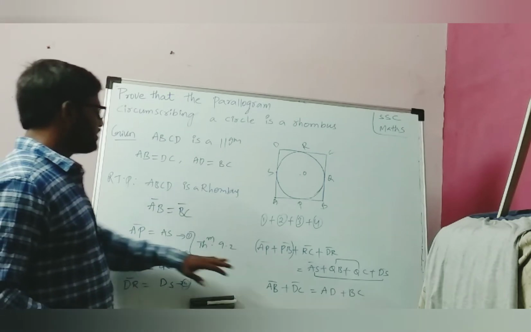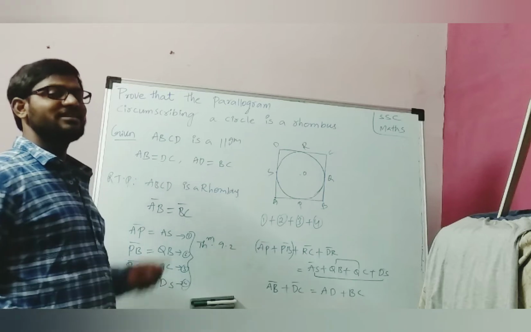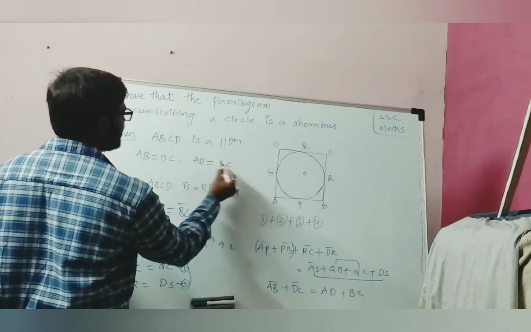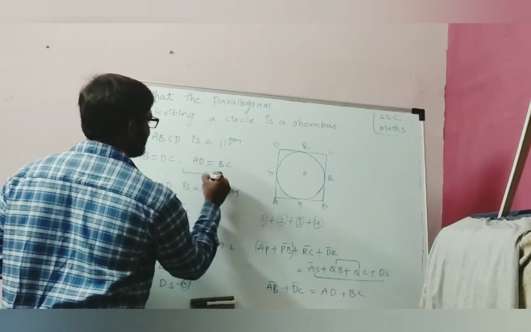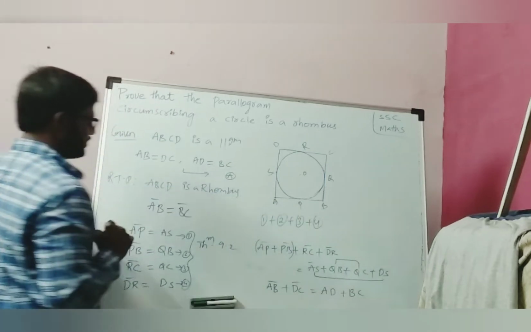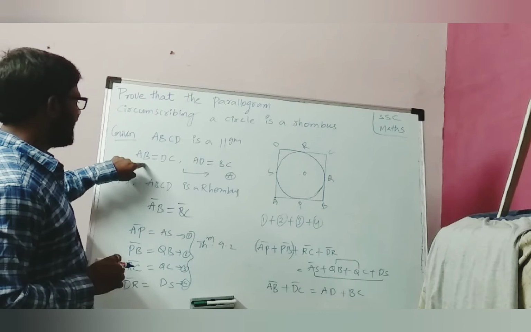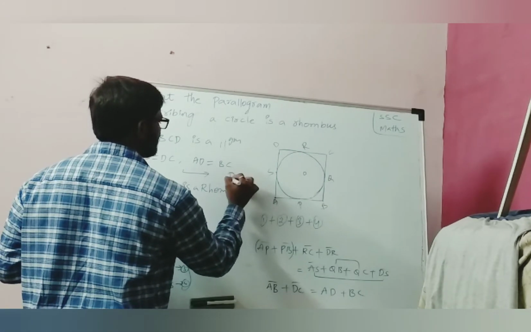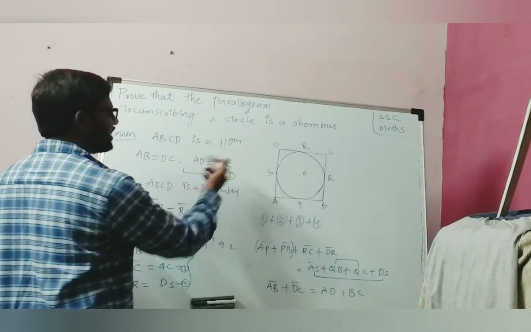Next, since ABCD is a parallelogram, AB equals DC and AD equals BC. This one I will take as equation capital A, because we already wrote 1, 2, 3, 4 here. So from equation A, in place of DC we can write AB, and in place of AD we can write BC.